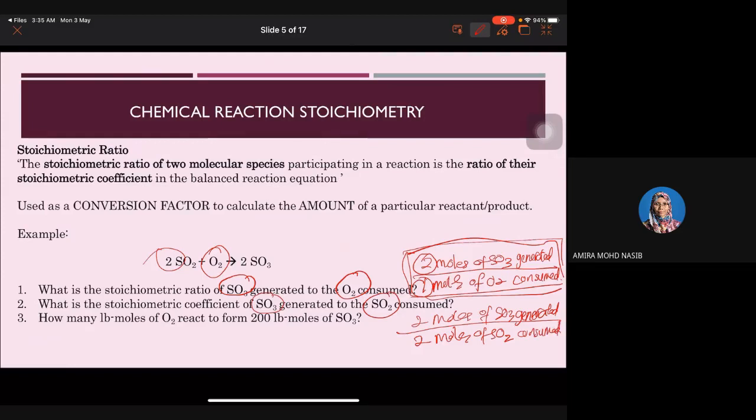Alright, so the third one: how many pound moles of oxygen react to form 200 pound moles of sulfur trioxide? So it's asking how many moles of oxygen are needed if you want to form 200 pound moles of sulfur trioxide.